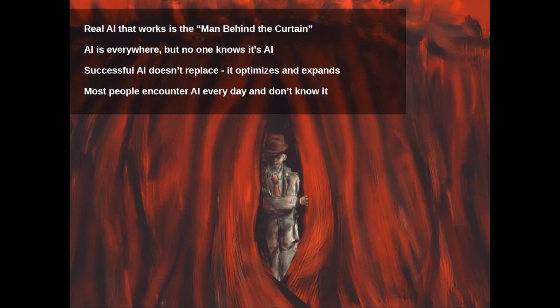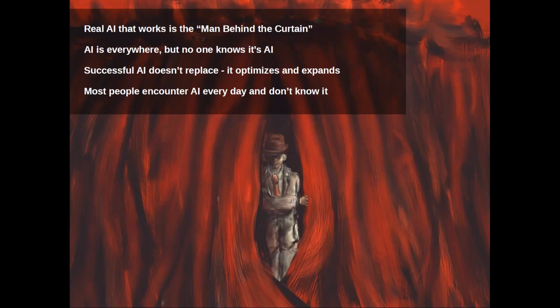See, AI is everywhere, but most people don't know the AI is there. And that's good, because if nobody knows about the AI that is doing the work, that means it's doing the work correctly, unlike those very public facial recognition fiascos.